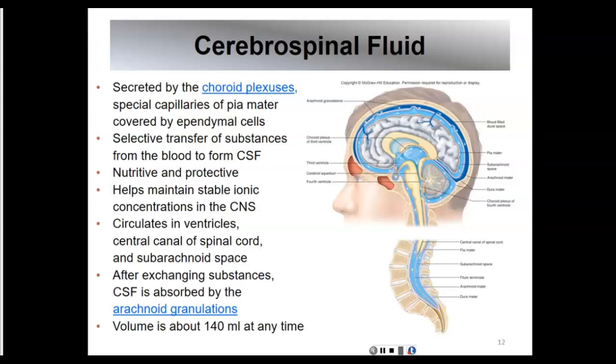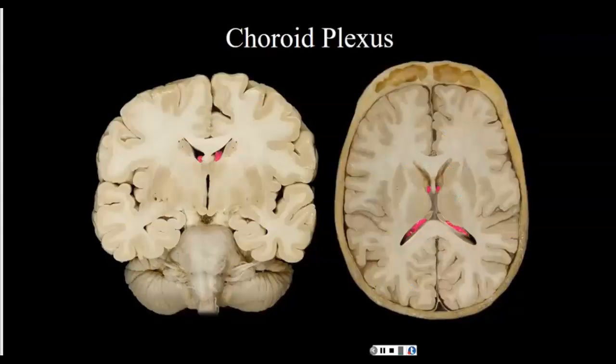It is very invasive and can cause quite a bit of pain and lingering pain later too, so spinal taps are not taken lightly. Here is that choroid plexus. It's again a capillary-like structure.